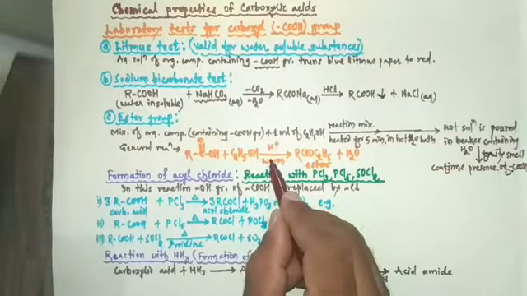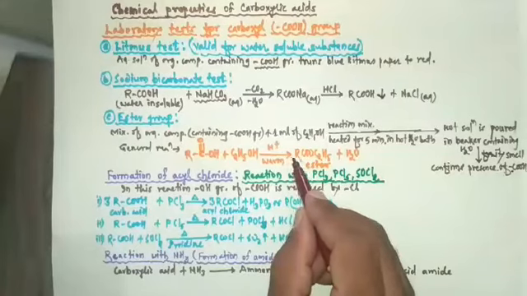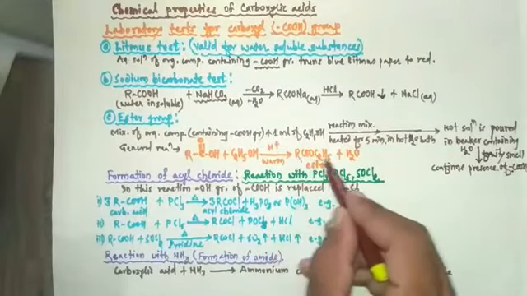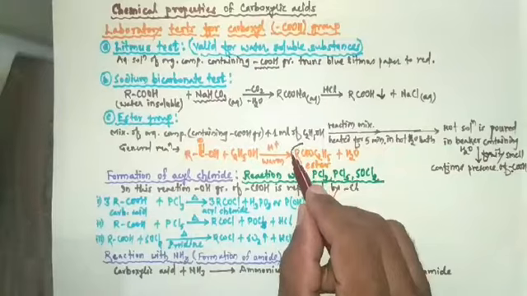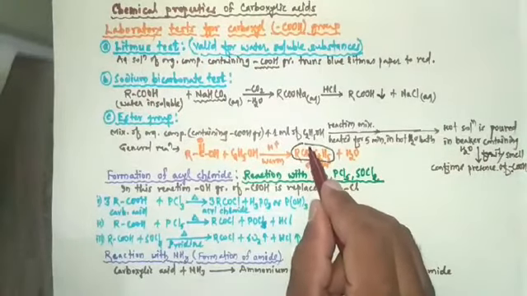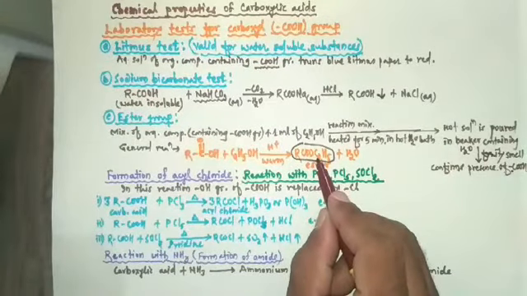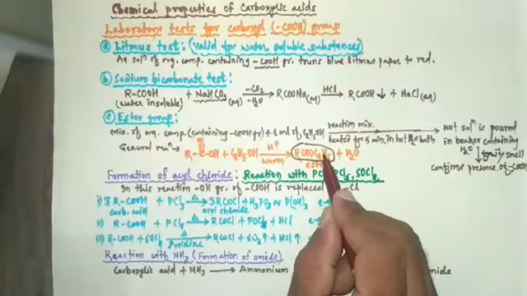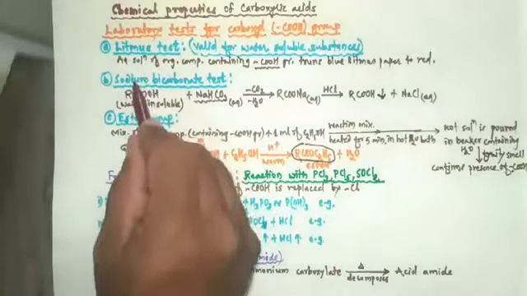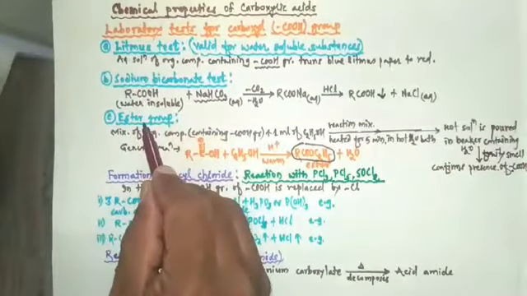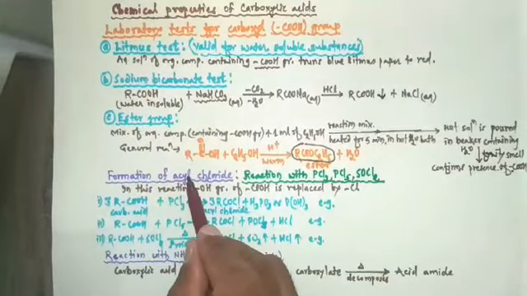Then this hot solution is poured into a beaker, and here the fruity smell of the ester formed is noticed. So by using these three laboratory tests, we can determine the presence of a COOH group in an organic compound.